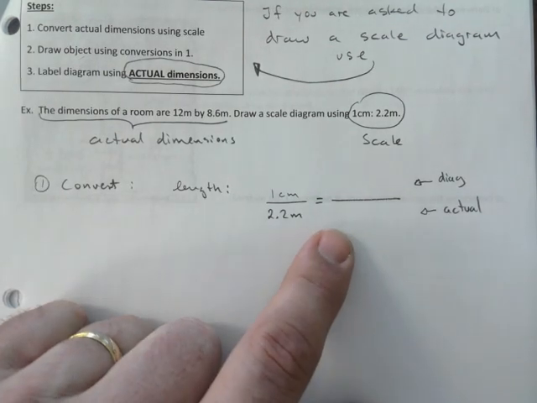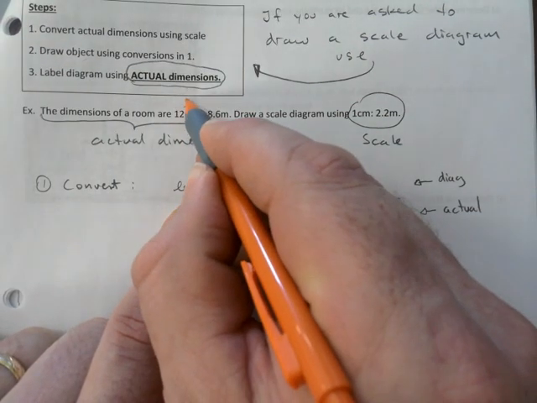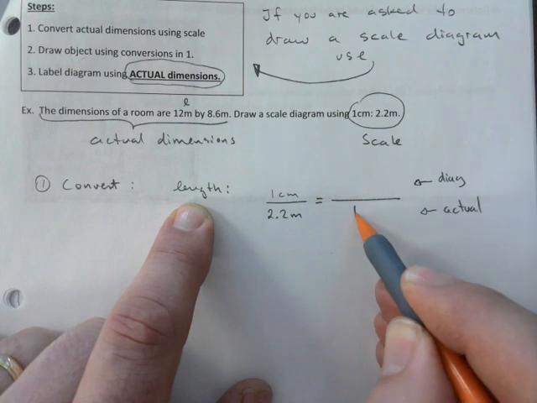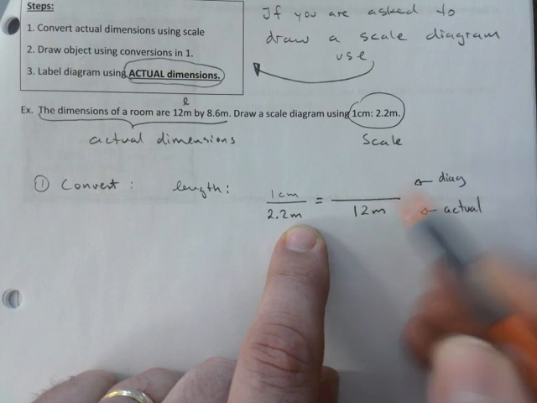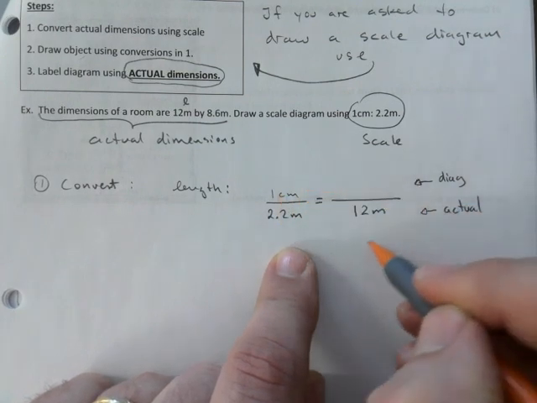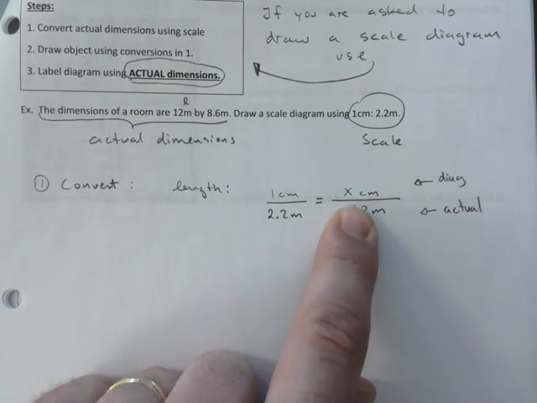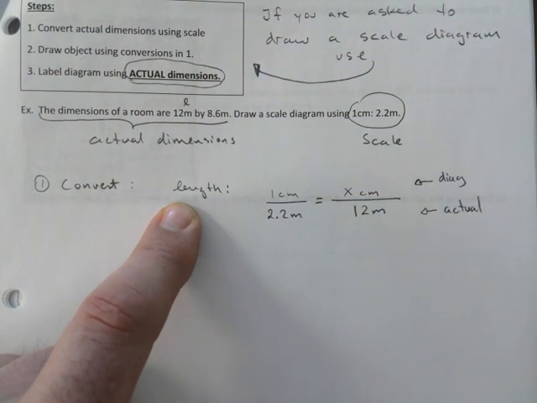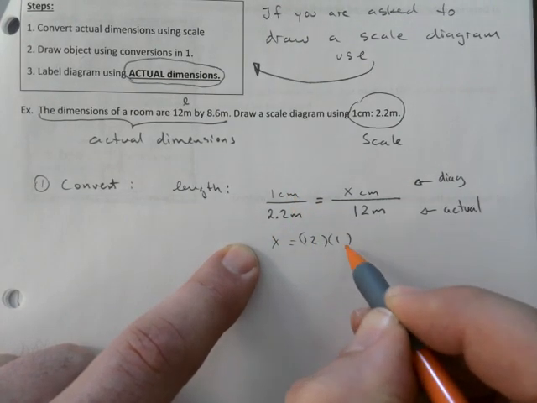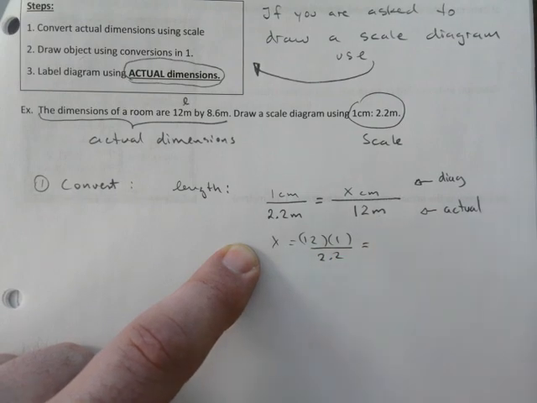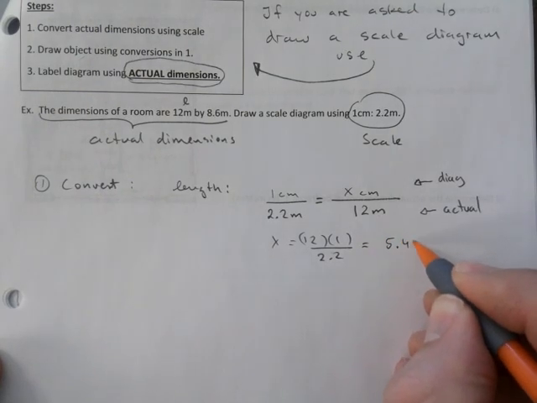So when it comes to length, you take the length of the actual, right, and you put that here, 12 meters. And you will notice that in this case, the units line up nicely. Okay, it's okay to have different units in this case. So X numbers of centimeters will be required to draw your length. So this would be 12 times 1 divided by 2.2. 12 times 1 divided by 2.2, that's 5.45 centimeters.